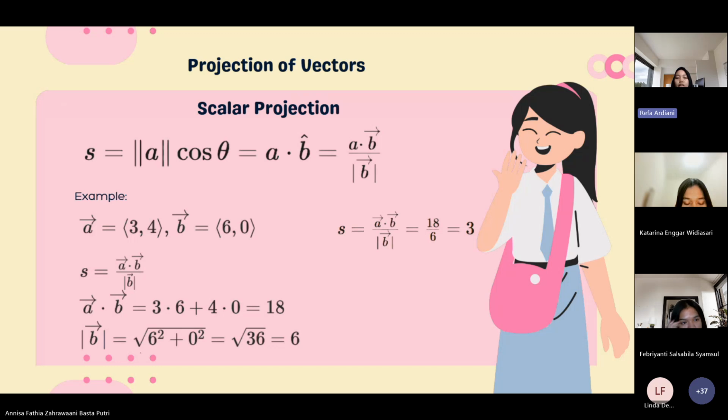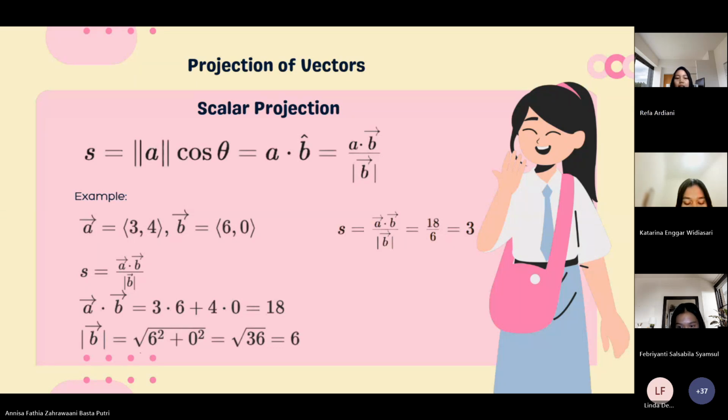Next, we calculate the magnitude of vector B. The magnitude of B equals the square root of 6 squared plus 0 squared. 6 squared equals 36 and 0 squared equals 0. So the magnitude becomes the square root of 36, which is 6.